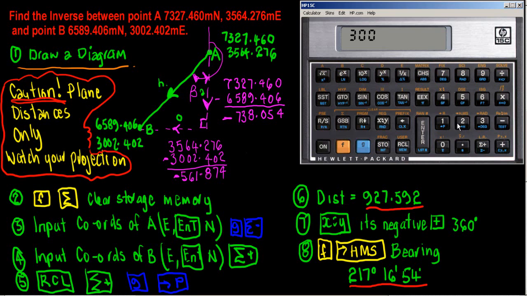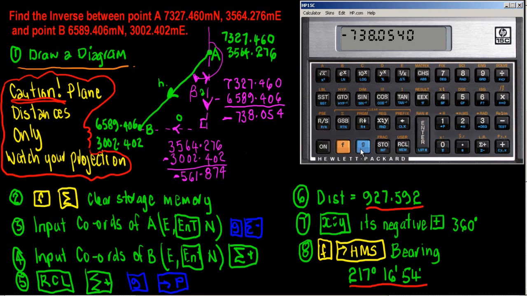So 3002.402, enter, and 6589.46, and then we push the sigma plus button, and then recall sigma plus, and there you see we've got the 738.054 and the 561.874. So that was quite a lot easier.